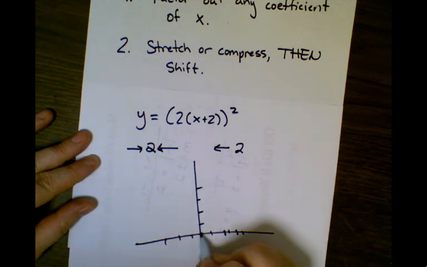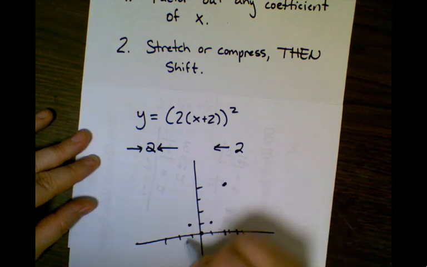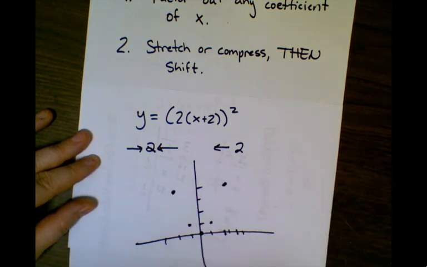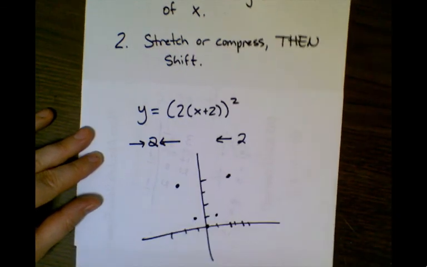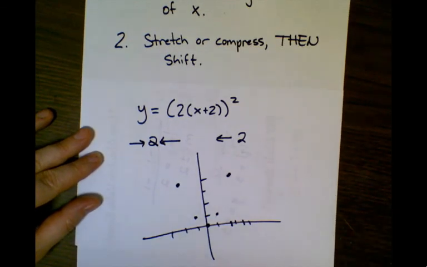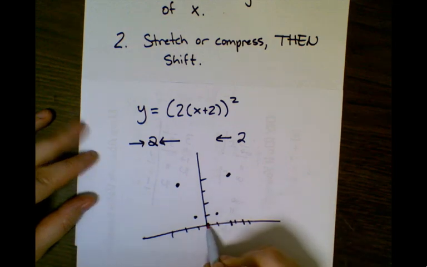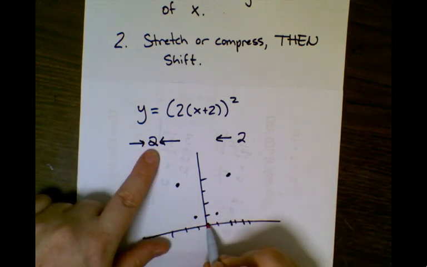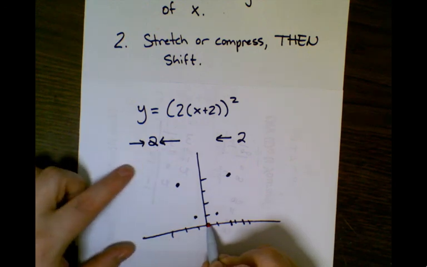All right, so normally we go 0, 0, 1, 1, 2, 4. And then I'm going to switch colors. So every point, the x value gets compressed. That means cut in half, but 0 cut in half is nothing. It's still 0, and then back 2.